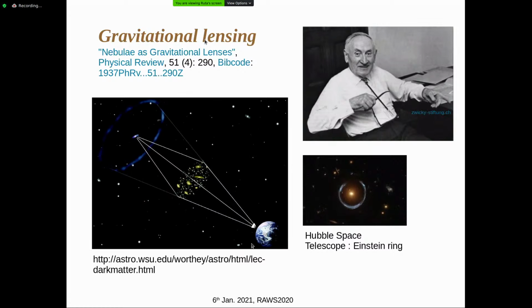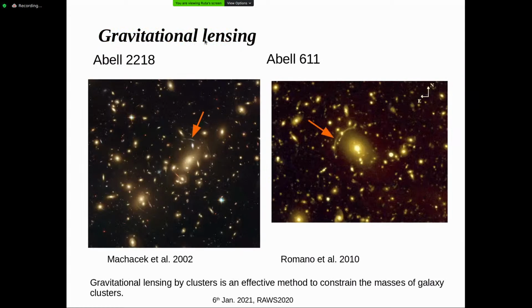So galaxy clusters are such massive systems capable of distorting the images of distant objects, and this can be used to our advantage because there is also a magnification involved. But I will not go in that direction. Definitely this is one important aspect of galaxy clusters which people study, and use in fact to map the mass distribution in galaxy clusters. So these are other examples of gravitational lensing.